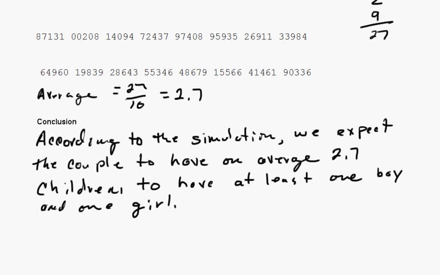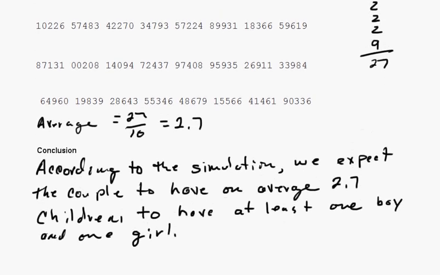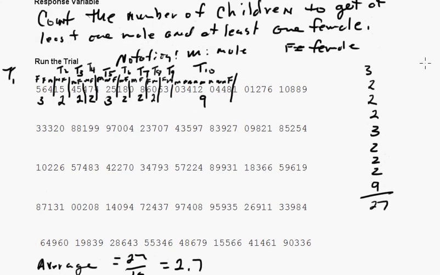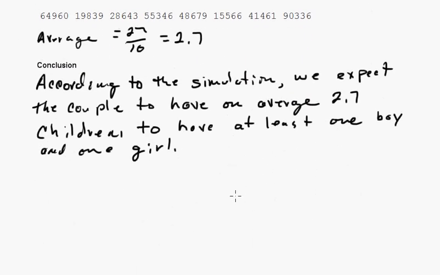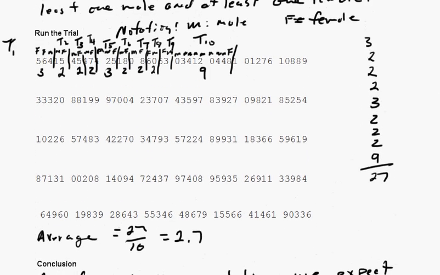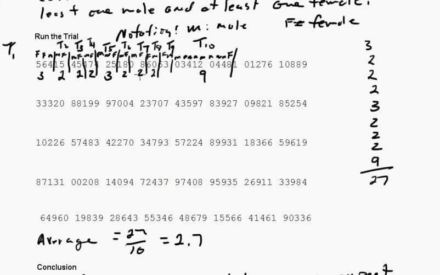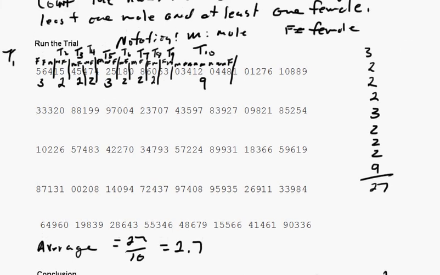Problem 26 is pretty much the same, only you're trying to get 2 of each. If you did a simulation, it looks like we'd probably get, how many 2's did we get? 1, 2, 3, 4, 5, 6. 6 2's and 2 3's.